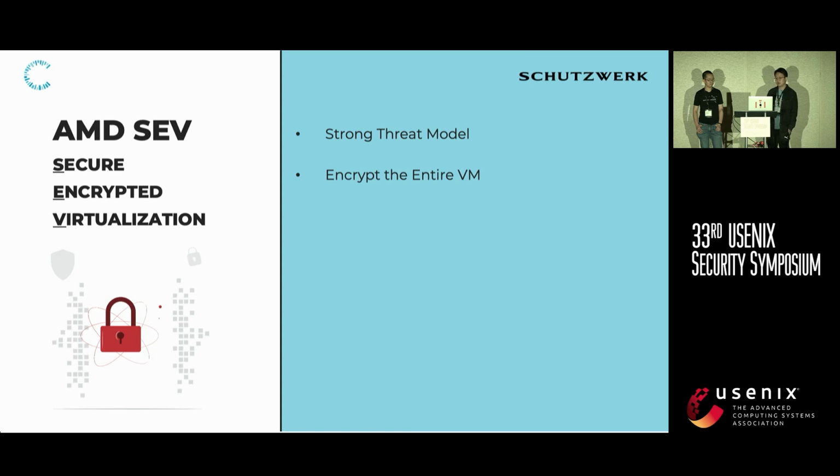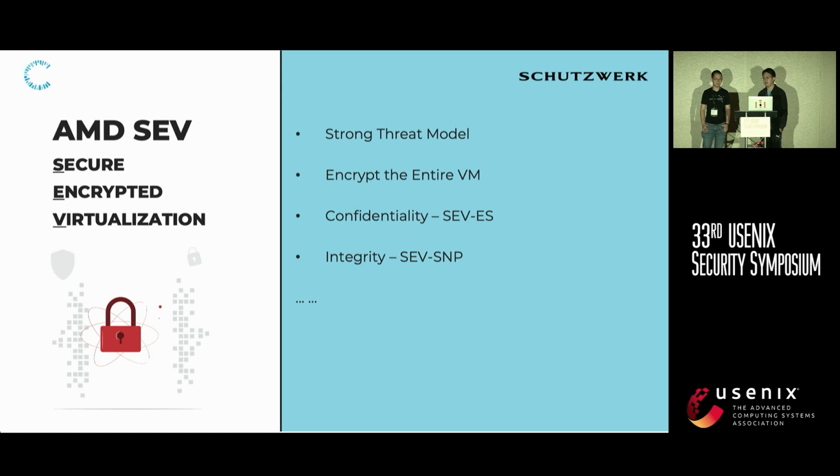However, security is hard to implement, so AMD has had to improve this feature over the past years. With SEV-ES, the second version, they finally achieved confidentiality, and they finally brought integrity in the newest version of SEV, SEV-SNP. That's the point where people considered SEV to be secure in the end.